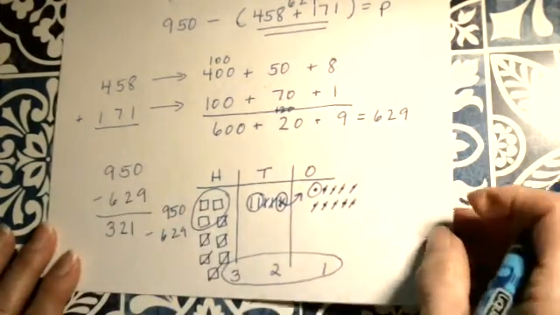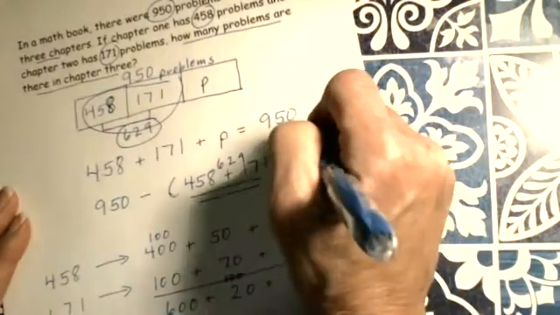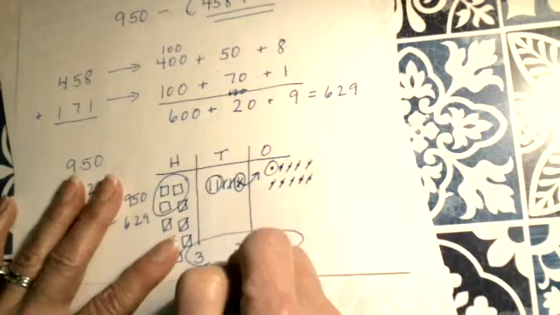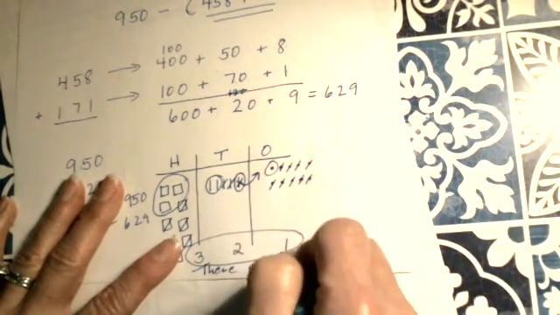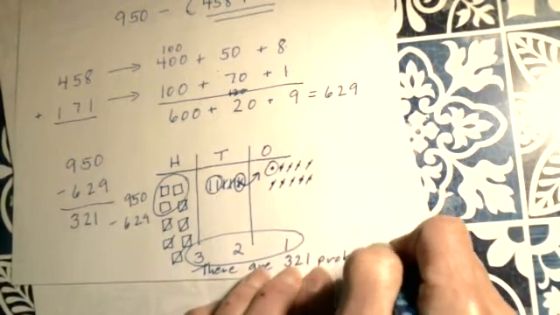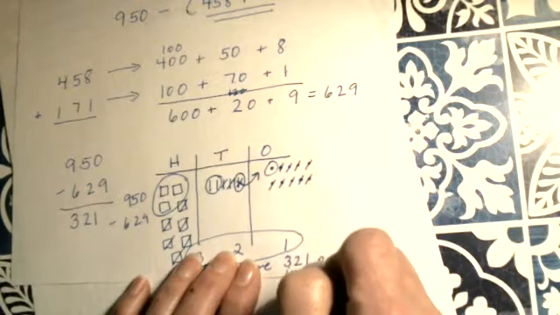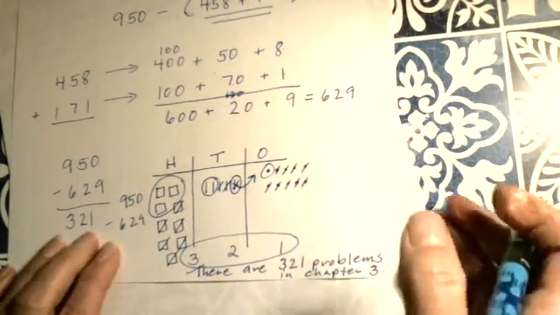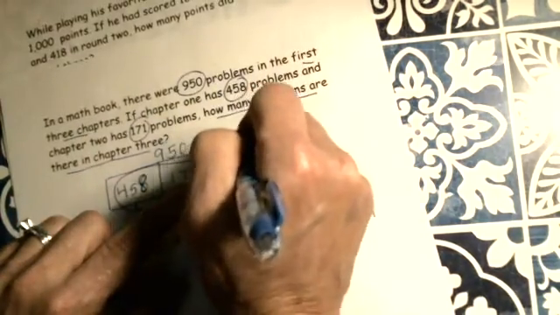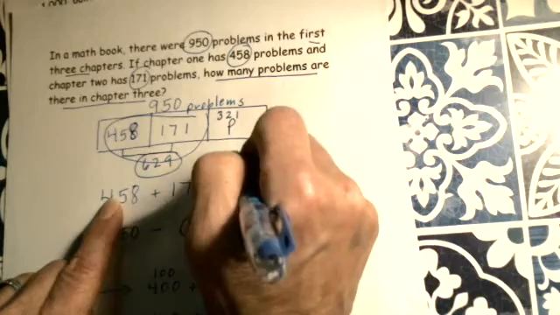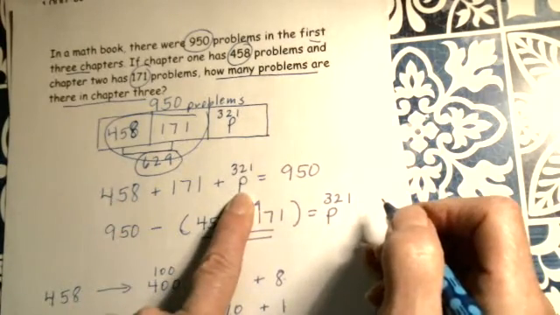That means there are 321 problems in chapter 3. When we're done, we can see that 321 would go here.